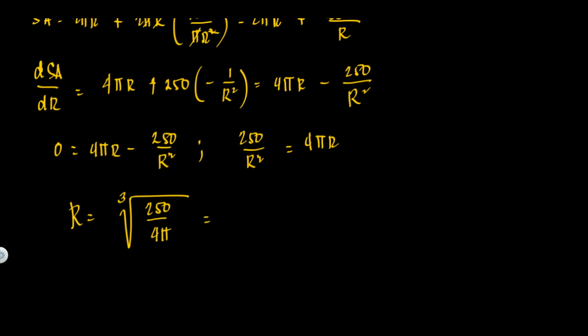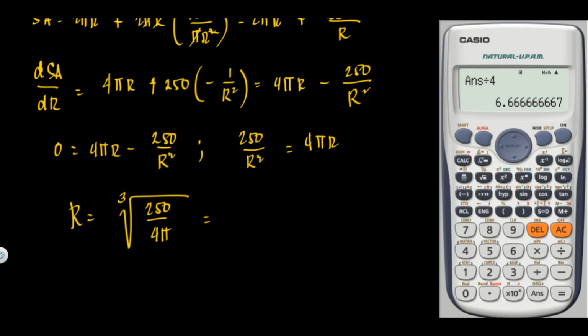So r is, okay, calculate natin. Cube root of 250 over 4 pi equals 2.71. Okay, 2.71, ano naman yung h?